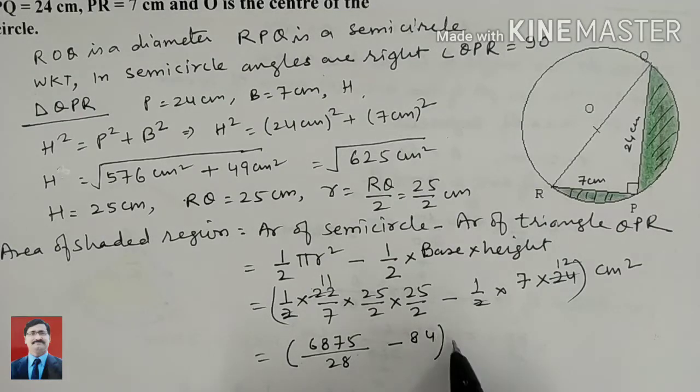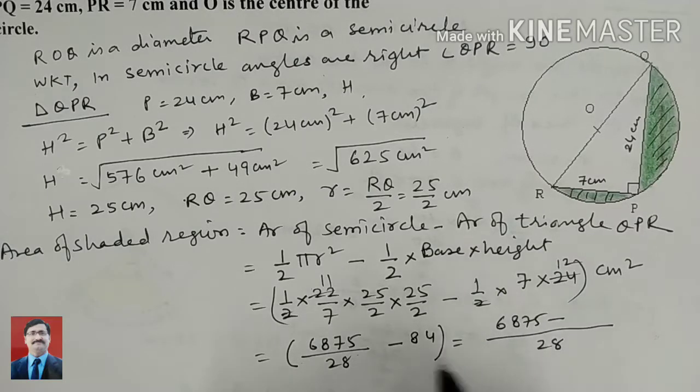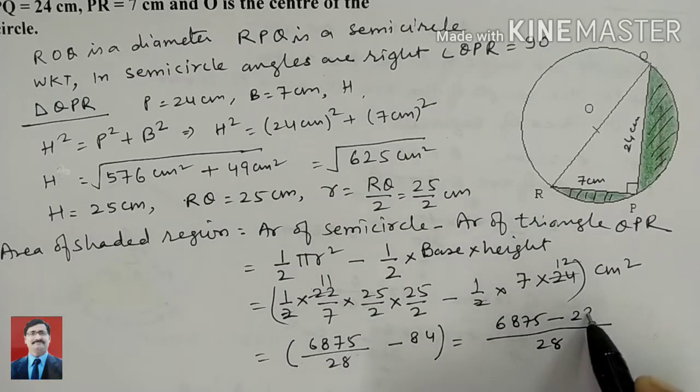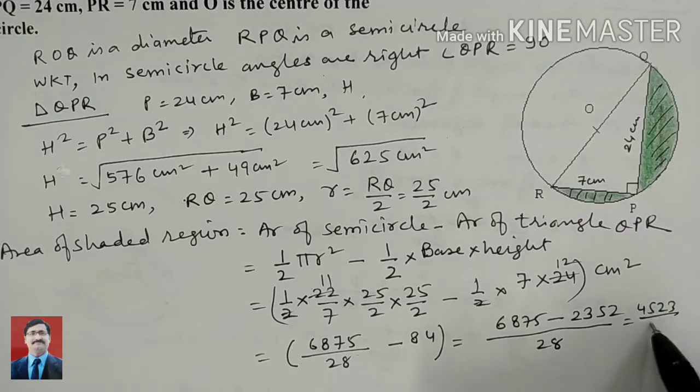Now we take the LCM, which is 28: 6875 minus 84 times 28, which is 2352, and subtracting these, we get 4523 upon 28 centimeter square.